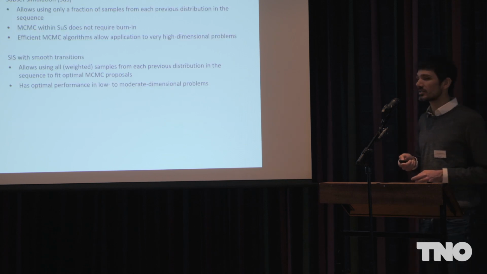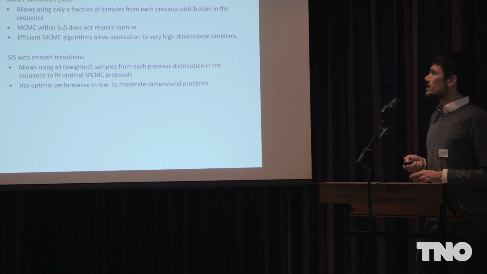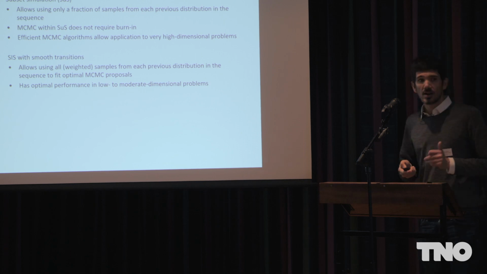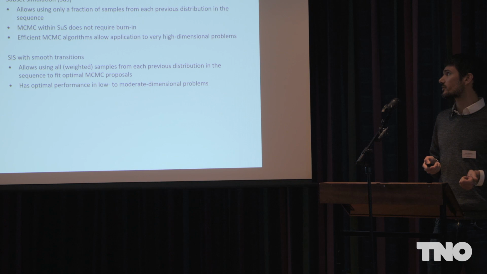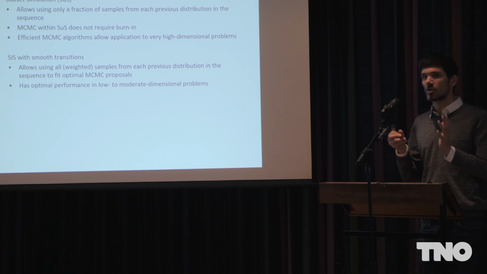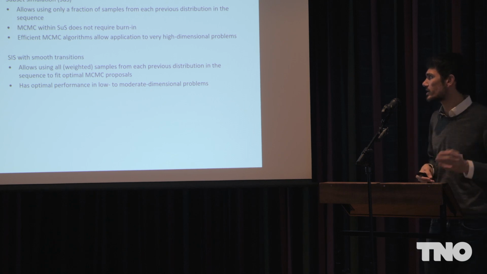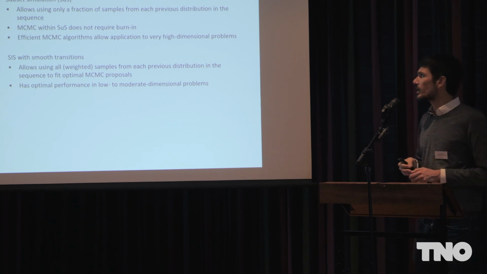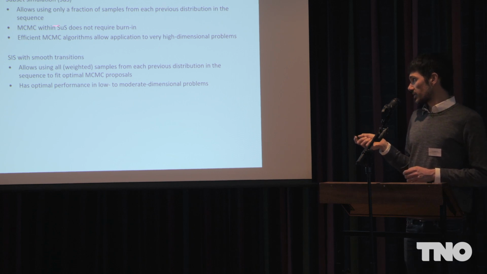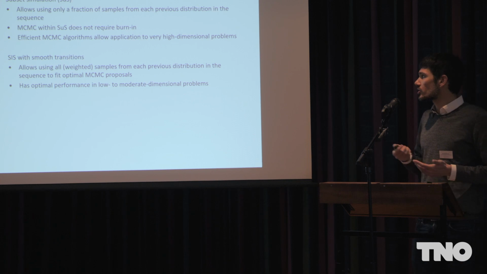Okay, so let me make some observations on these 2 methods. The subset simulation allows using only a fraction of the samples from its previous distribution in the sequence, because only a fraction of the samples takes weight of 1, all the others take weight of 0. Therefore, the MCMC within subset simulation does not require burn-in.